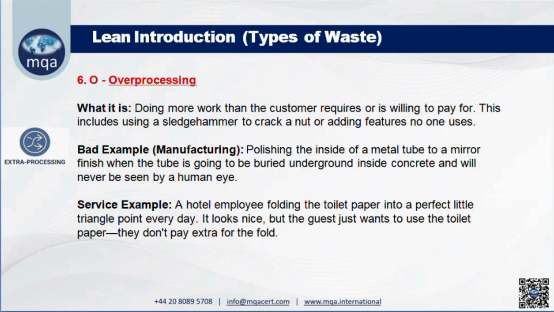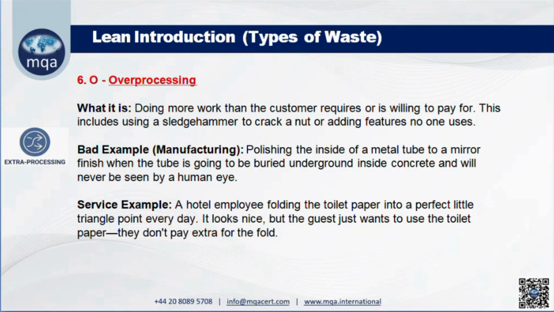For example, the example I gave of the water bottle: polishing the inside of a metal tube to a mirror finish when the tube is going to be buried underground. You are doing extra work on the machine, on the process, which is not adding any value, because you feel good about it. But the customer wants a basic core product.